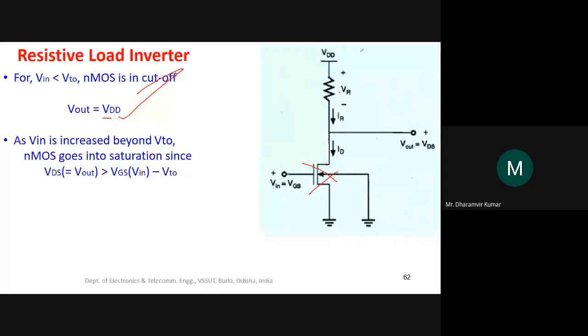When this is not working, this particular terminal is connected to the supply voltage directly, and since this branch is not working, there is no path for current to flow, so IR would be equal to ID equal to 0. Simply, the output voltage will be equal to the supply voltage, that is VDD, when the device is cut off.